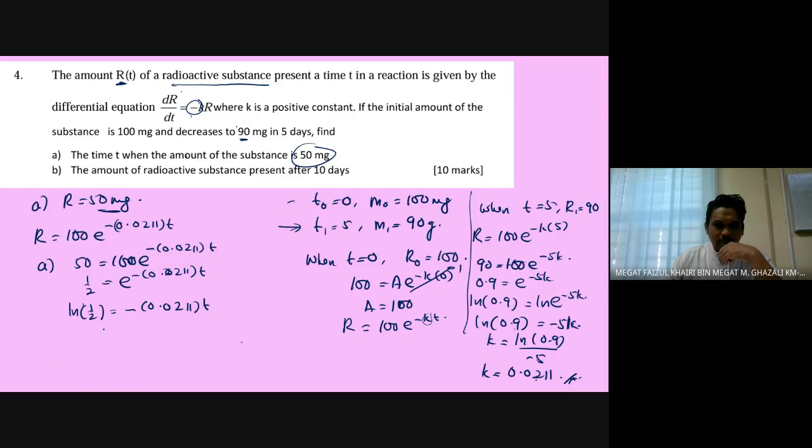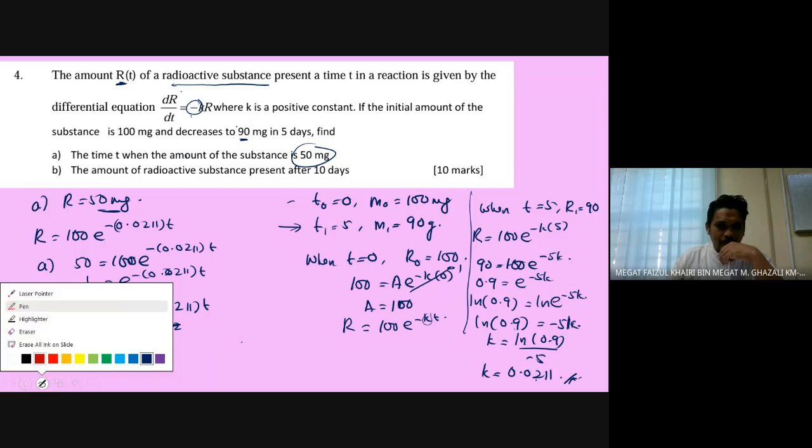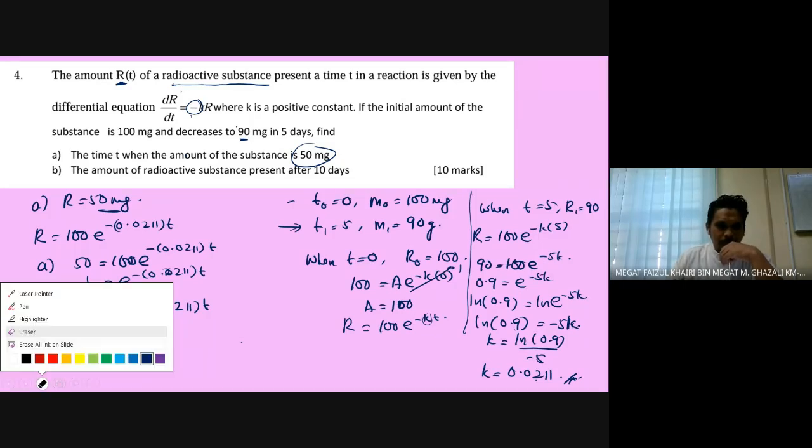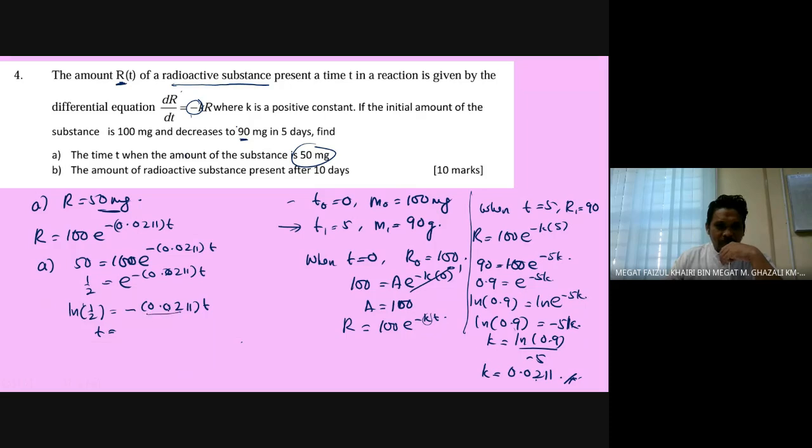0.0211 times T. So then T equal to negative 0.02, no, again, sorry. So bring this down here. So natural log of 1/2 divided by negative 0.0211.